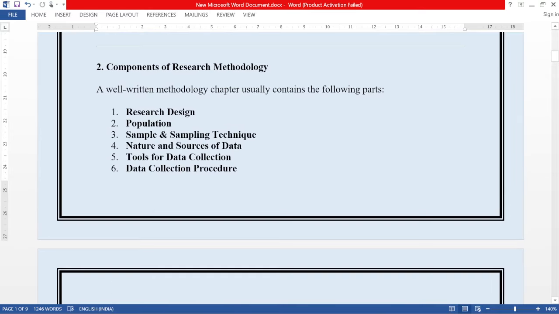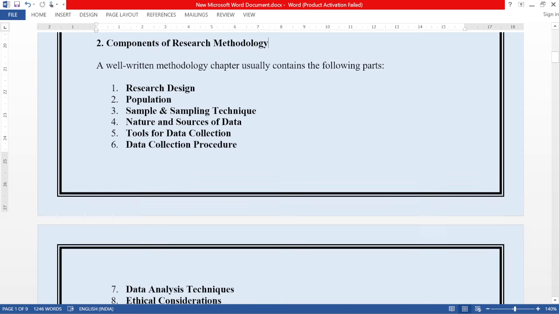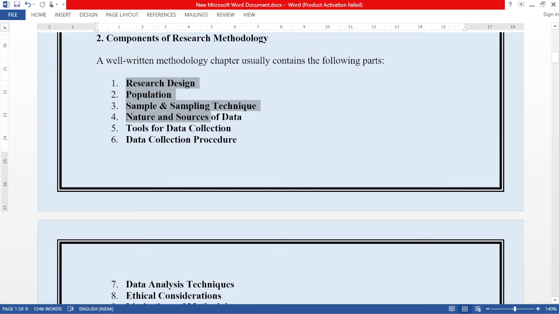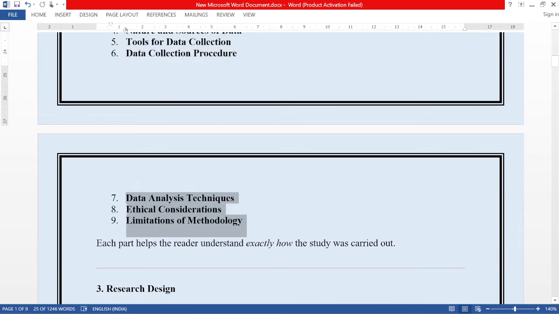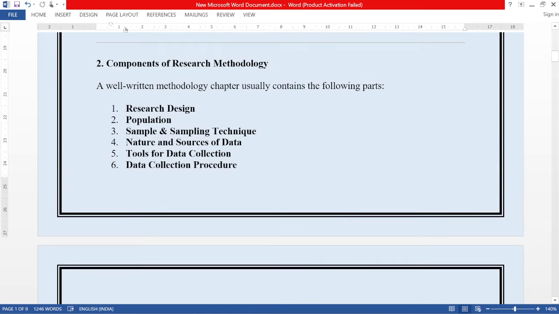Now, what are the components of research methodology? In most of the university projects, the researcher uses these steps in research methodology.